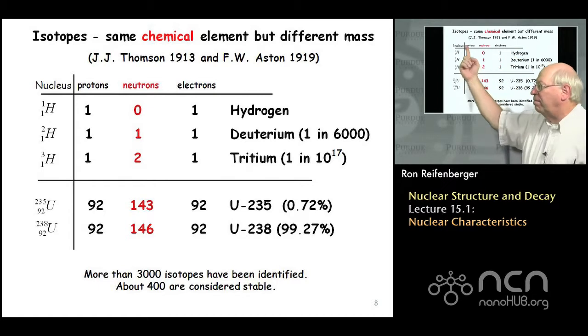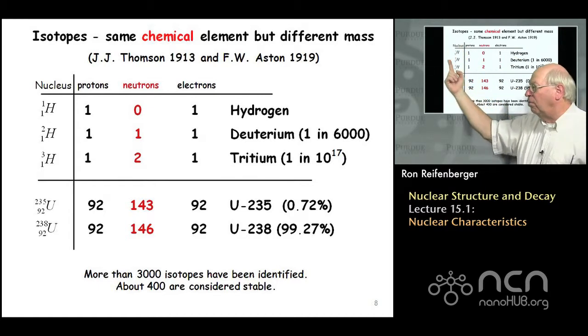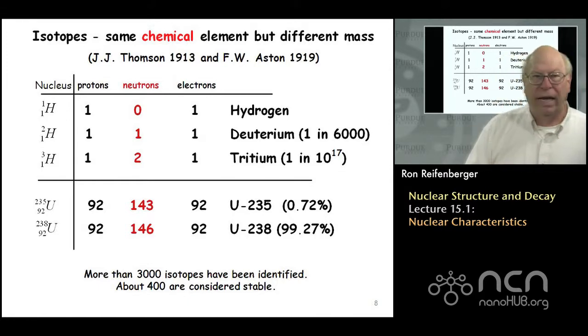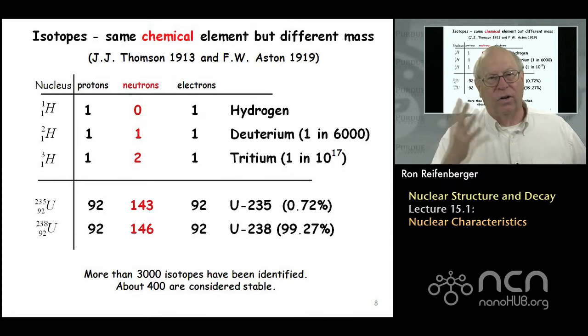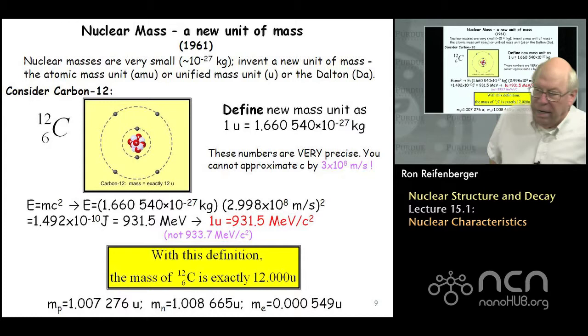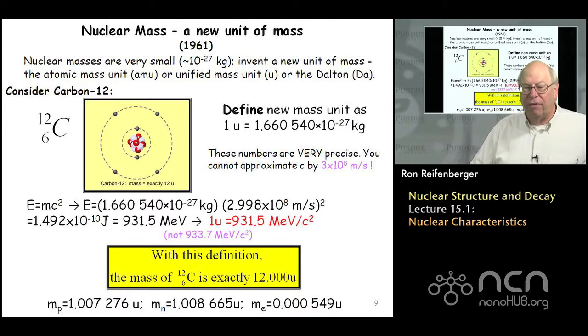So this concept of an isotope is discussed in this slide, and it's important for you to understand that concept because it's going to have pretty significant implications as we investigate nuclear decay. The other interesting feature of nuclear matter is that we have to invent a new unit of mass to discuss the nucleus.